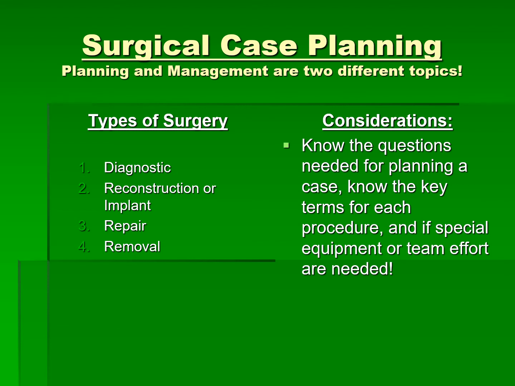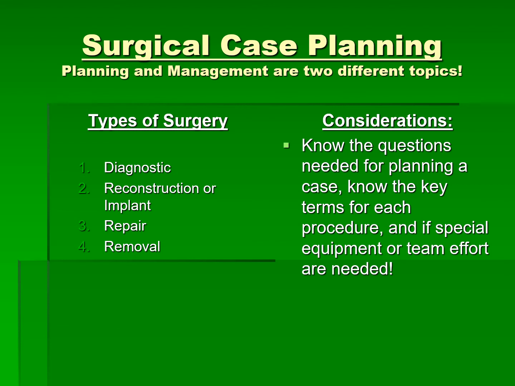Let's say we are doing a bypass graft on an aorta. Are we going to use some sort of PTFE graft or Dacron graft? So making sure that we know what type of material is going to be used to do the repair, if indeed there is some sort of material going to be used to do the repair.